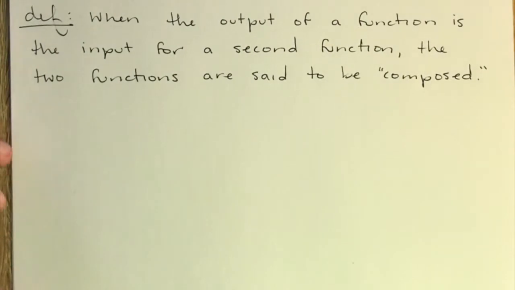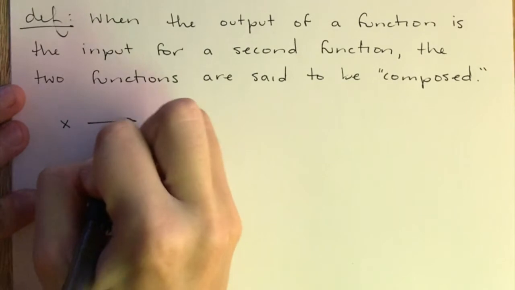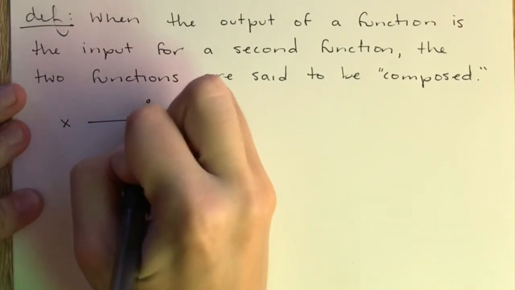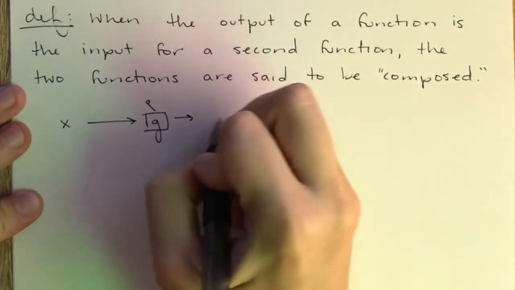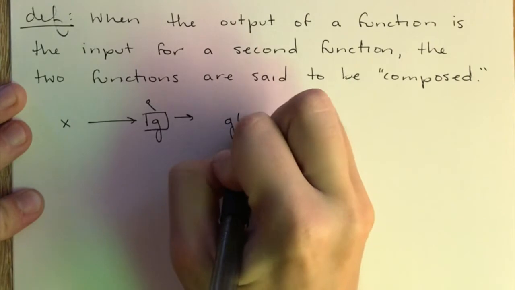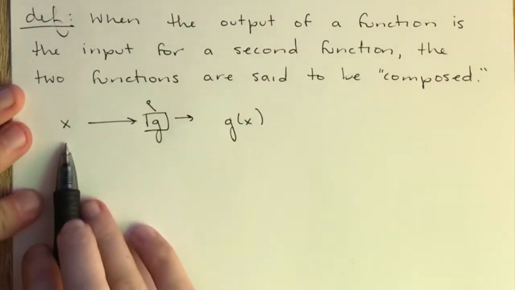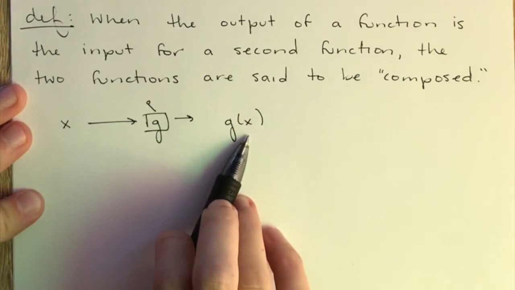So what does this mean? Let's look at our machine visualization that we've been looking at this semester. So we put x into some function g and we get out g of x.